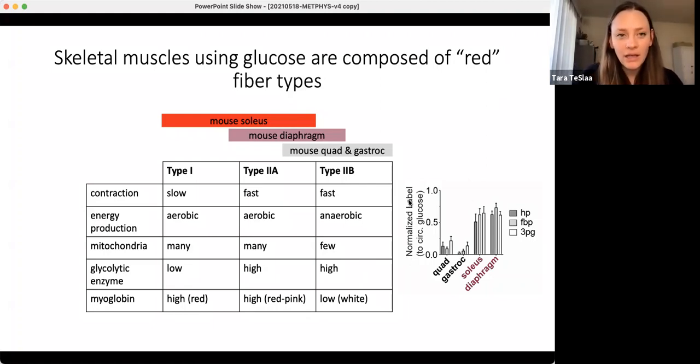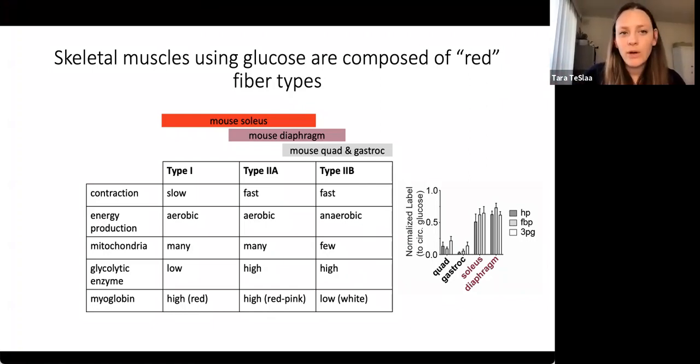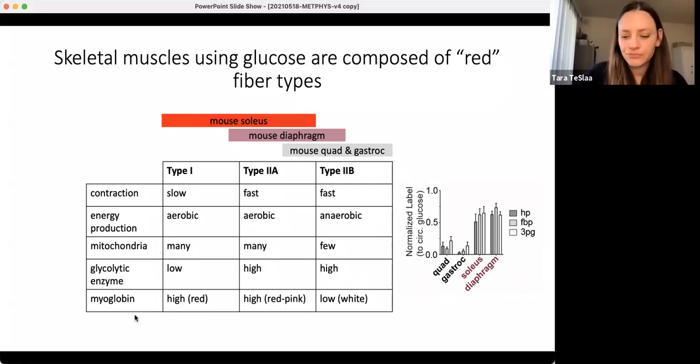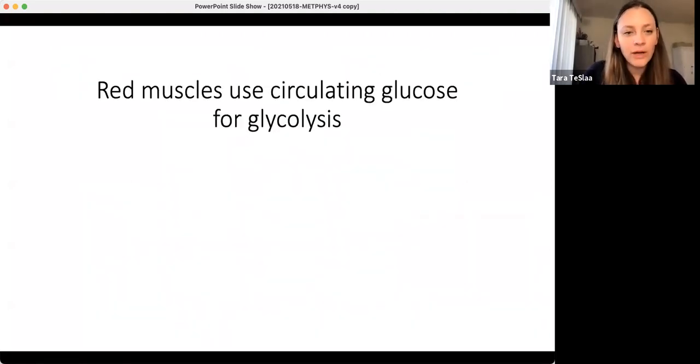And in contrast, the quadriceps and the gastrocnemius muscles have mostly type 2B fibers, and these fibers are low in mitochondria and low in myoglobin and label a lot less. So it seems that red and white muscle seem to be different in their glucose use. So red muscles use circulating glucose for glycolysis.